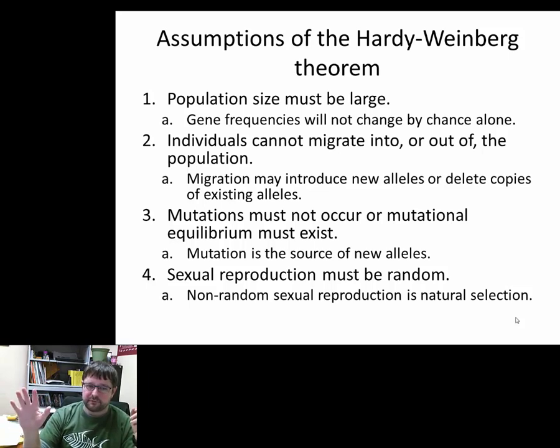Now the fifth one that's sometimes represented is natural selection. Sexual reproduction must be random kind of incorporates natural selection, because if there's no selection going on, whether it's mate selection or natural selection or artificial selection, then that should make sense. We know that natural selection, nature selecting for certain individuals, is going to violate Hardy-Weinberg equilibrium.